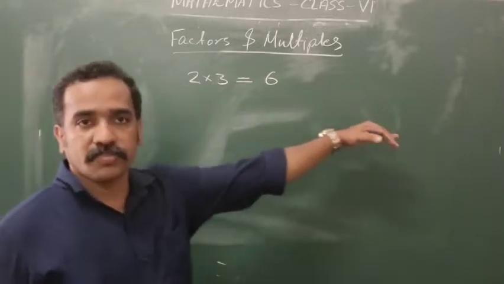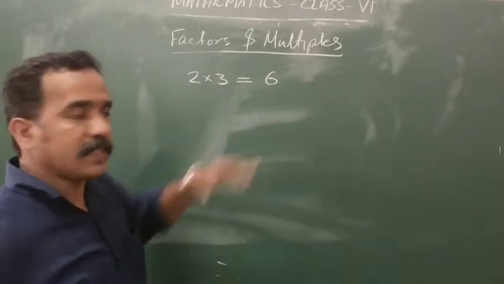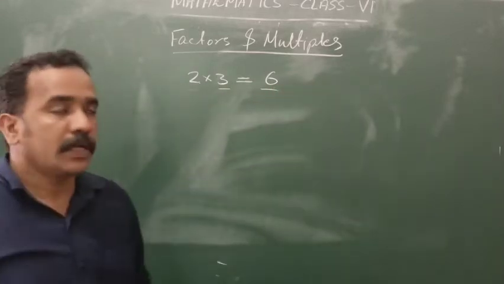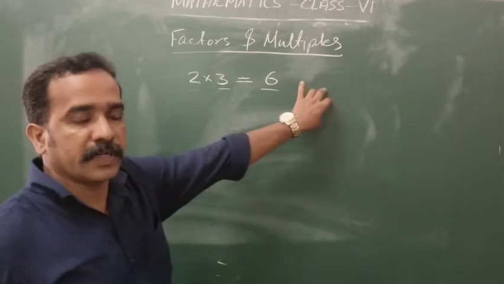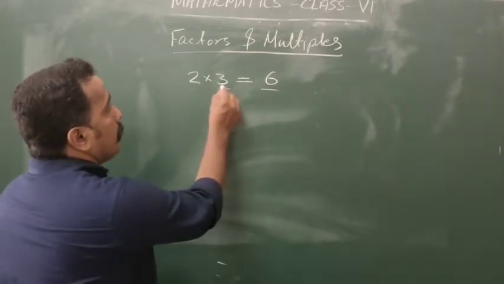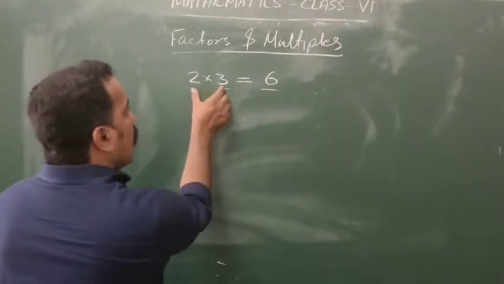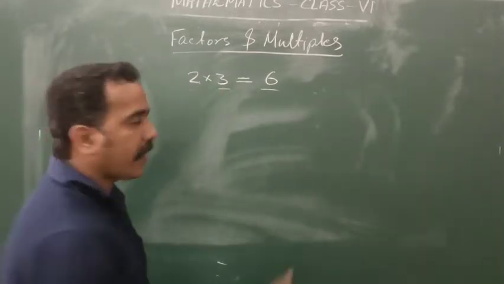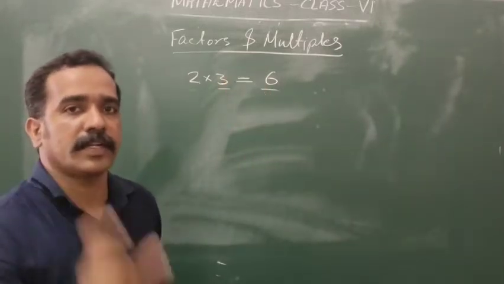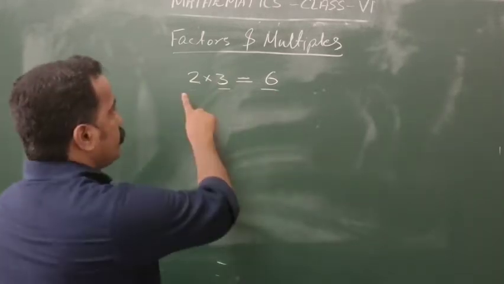If you look at this statement, 3 numbers are involved in this: 2, 3 and 6. In this expression, we can say that 2 multiplied by 3, that means 2 and 3 are factors of 6. 2 and 3 are factors of 6. And 6 is a multiple of 2 and 3.